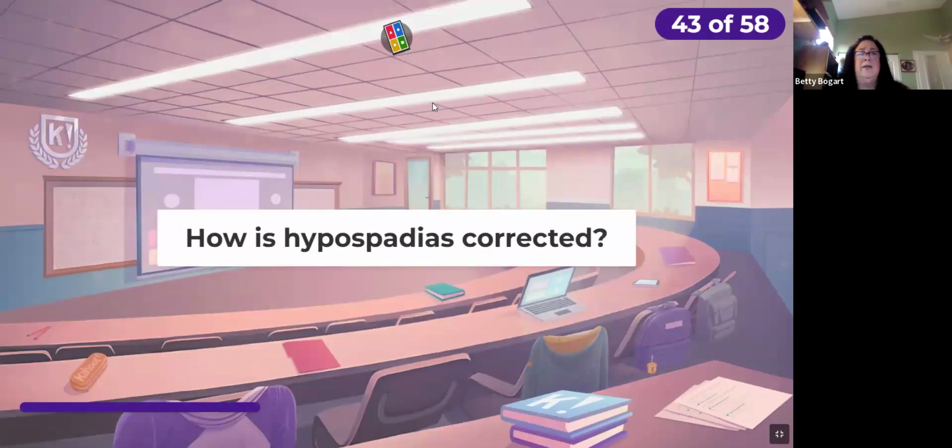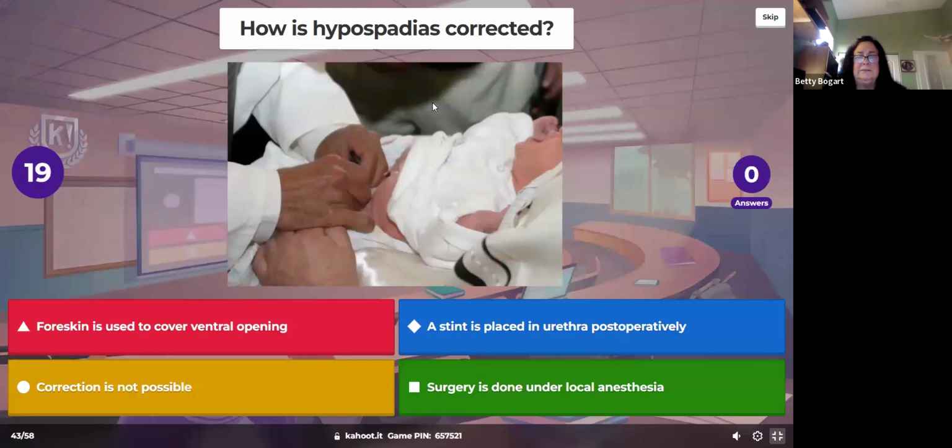How is hypospadias corrected? So remember, hypospadias, epispadias is where the urine does not come out the tip of the penis or the urethra. That urethra tip is either on the bottom or is on the top.